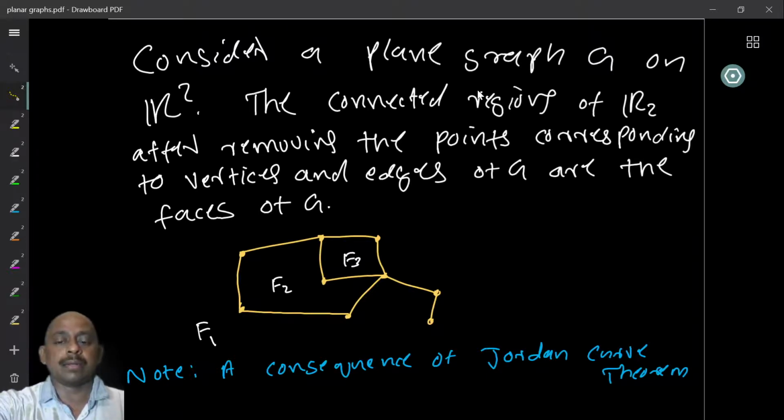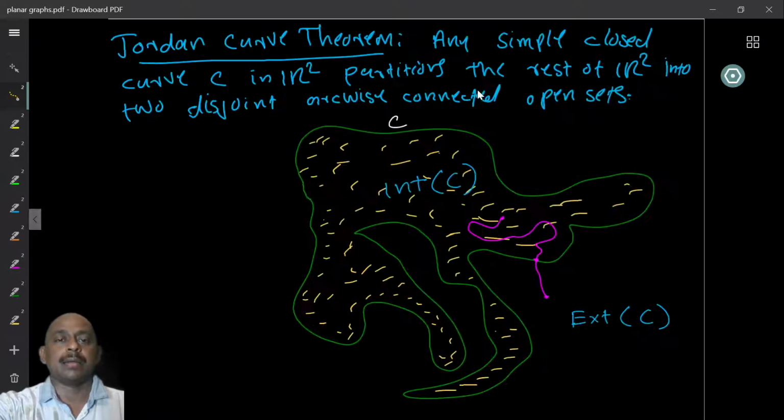What is the Jordan curve theorem saying? If you take any simple closed curve C in R2, then this curve partitions the rest of R2, except the points of the curve, into two disjoint arcwise connected open sets.